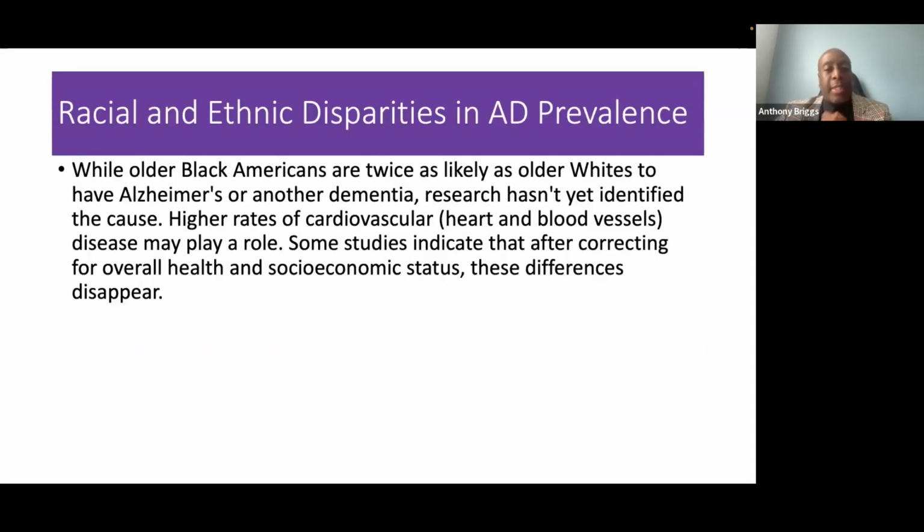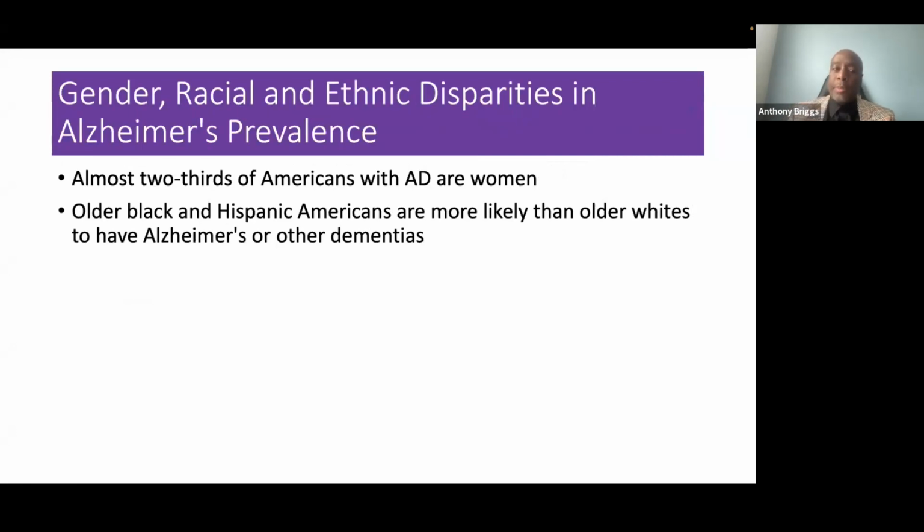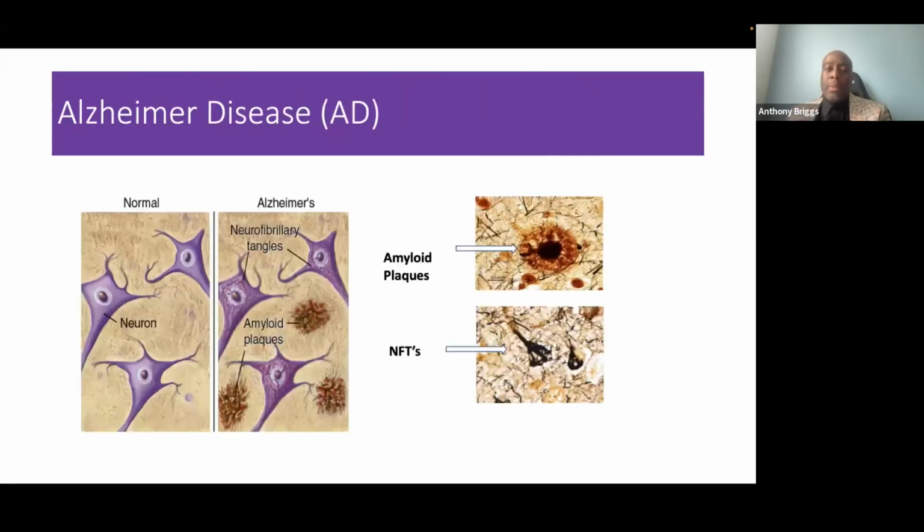Higher rates of cardiovascular disease, meaning heart and blood vessel disease, may play a role, and some studies indicate that after correcting for overall health and socioeconomic status, these differences disappear. Almost two-thirds of Americans with AD are women. Older Black and Hispanic Americans are more likely than older whites to have AD or other dementias.